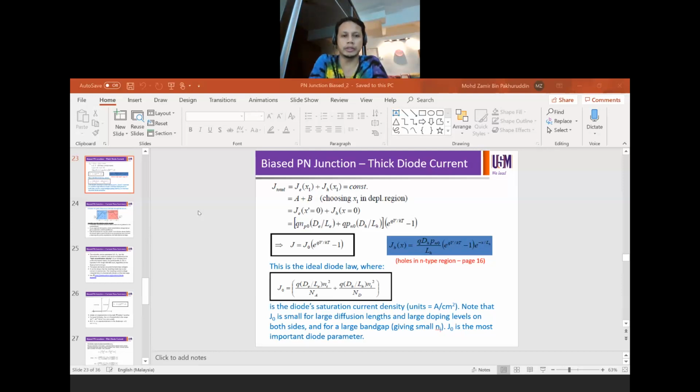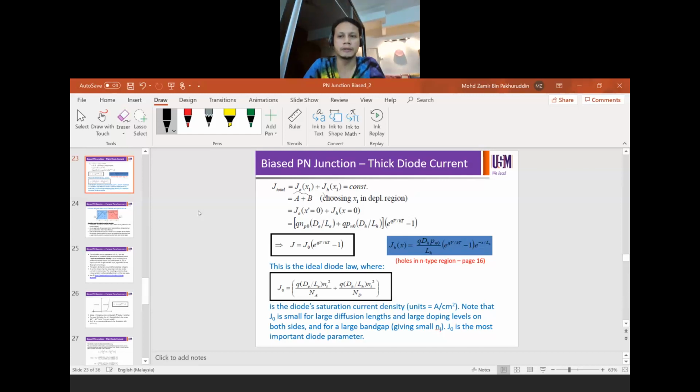So the total current is given by electron current plus hole current, and these two components are minority carrier currents, JE and JH. If you sum and summarize both of them, they can be summarized as J equals J naught times exponential of QV over KT minus 1.